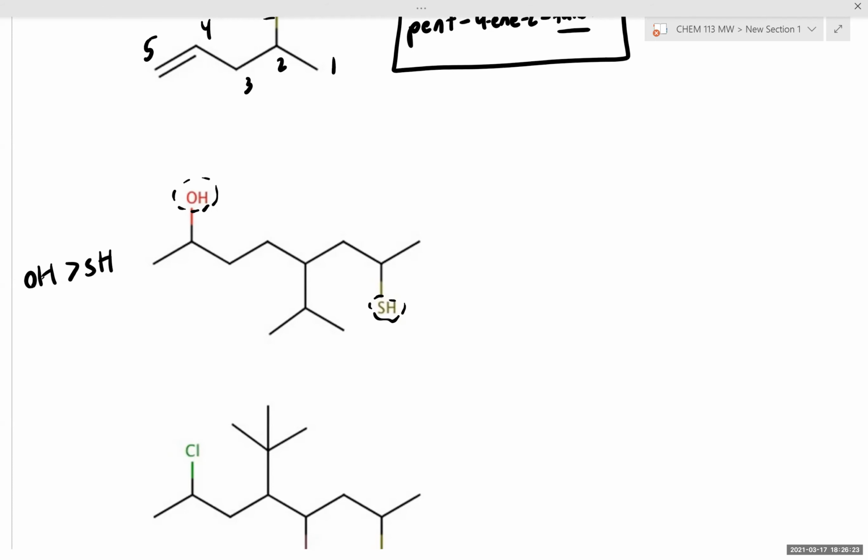So let's take a few minutes, and would anyone like to propose a name for this compound? In this case, our mercapto group is best thought of as a substituent because it's lower priority. So let's take a few minutes and let's try to propose a few names for this compound.